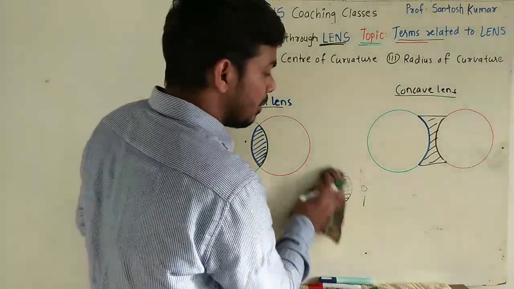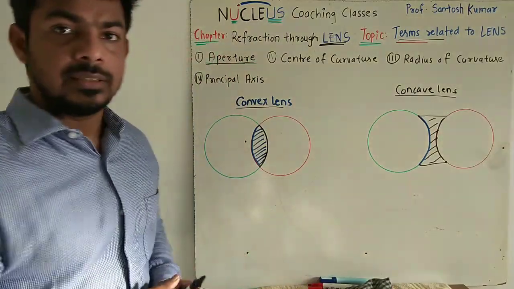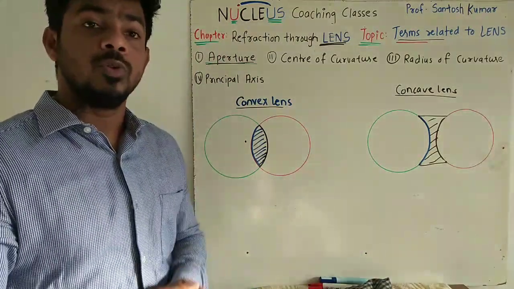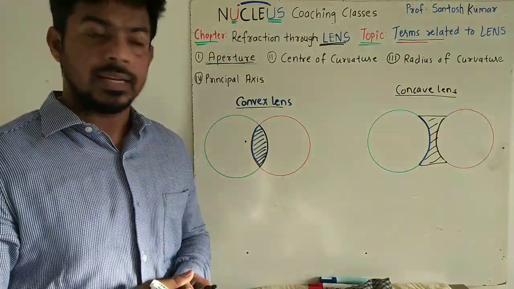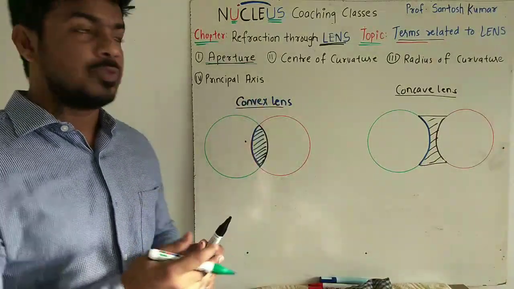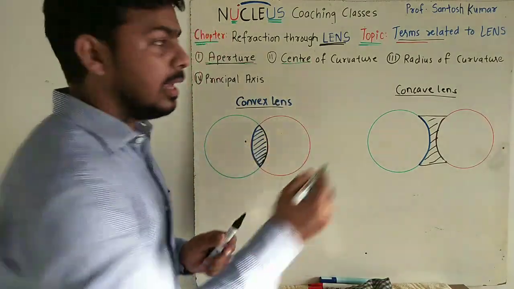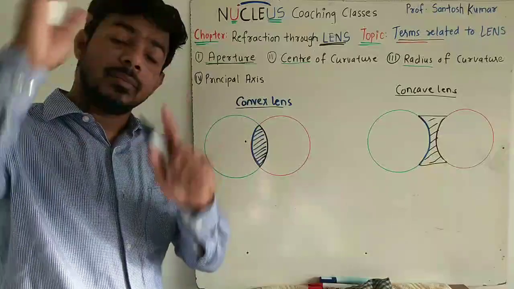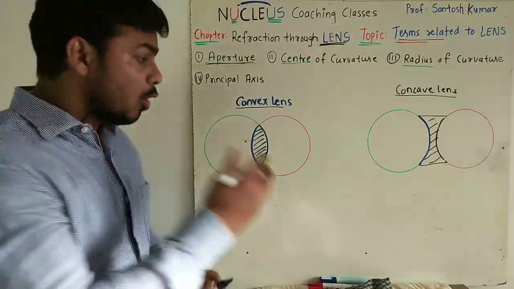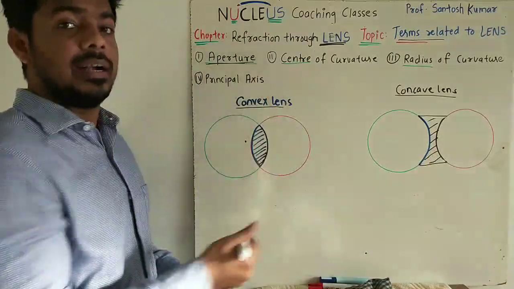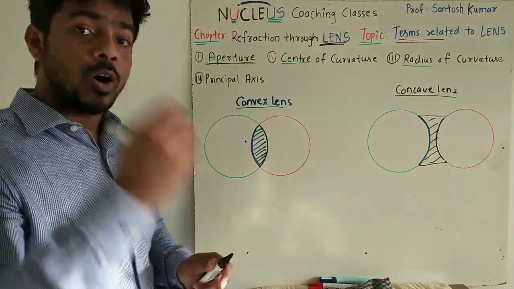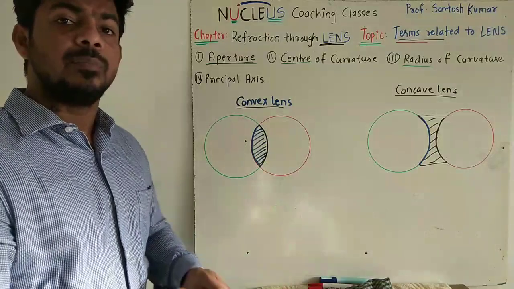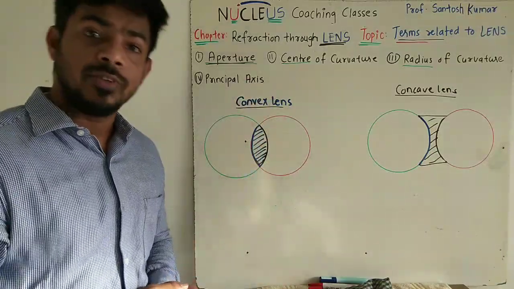Now the next term is the center of curvature. As I have already explained to you, a lens is nothing but a part of two imaginary hollow spheres, right? Those imaginary hollow spheres will have some center and some radius. The centers of the imaginary hollow spheres of which the given lens is a part are called the centers of curvature.